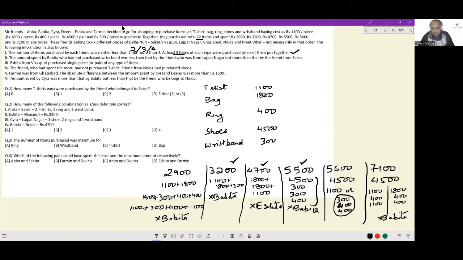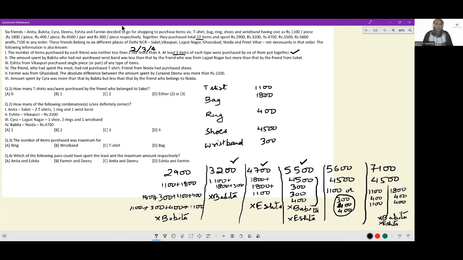Also, 5500 cannot be Ishita. It is 4500 and 1100. This can be Ishita. And regardless of what happens, whether we go 4500, 1100, 1100, 400, or 4500, 1800, 400, 400, see, the 1100 item is repeated here, 400 item is repeated here. So this cannot be Ishita.